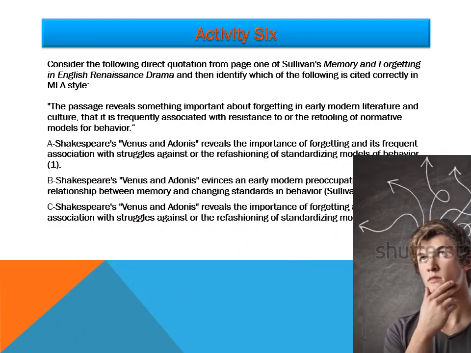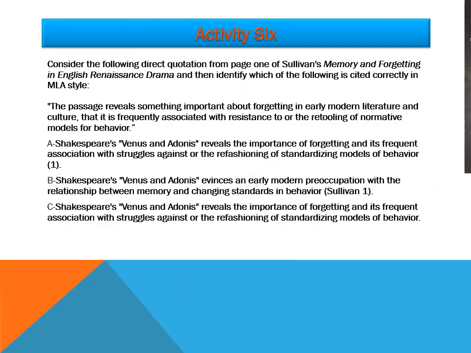So here we have option A, in which there is a kind of paraphrasing. Then the second option, another form of paraphrasing. And then option C, another attempt. One is correct, two are not. So you tell me which one is correct here.